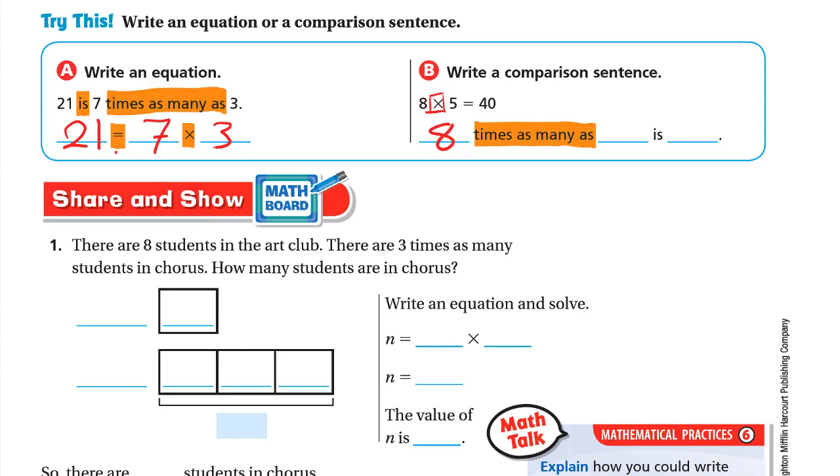Then let's continue. 5. And instead of equal sign, it's is. So it's 40. So 8 times as many as 5 is 40. So multiplication sign instead of it, times as many as, or times. Equal sign instead of it, the word is.